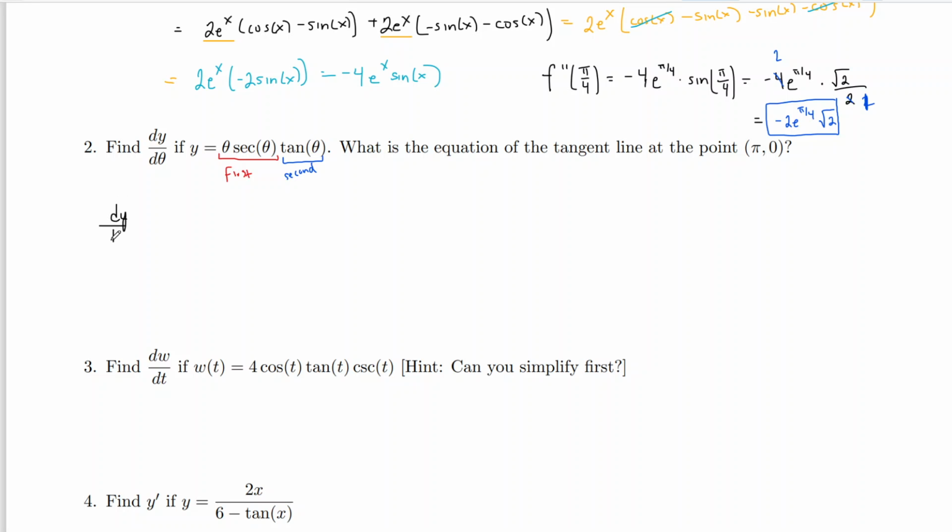Dy over d theta, we do the derivative of the first, d over d theta of theta times secant of theta, times the second, tangent of theta, plus the first, theta times secant of theta, times the derivative of the second with respect to theta, tangent of theta.